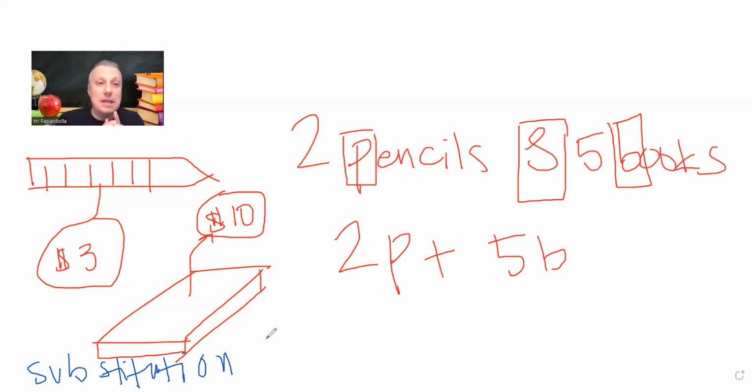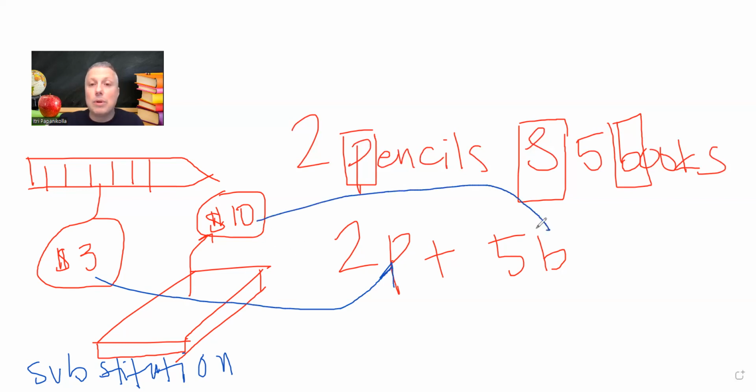If the price is missing, the cashier will not know what to do with that product. They'll ask you to go back and find the price of that product. So now that we know the price of each product, we take the 3 and plug it in here, and take the 10 and plug it in here.